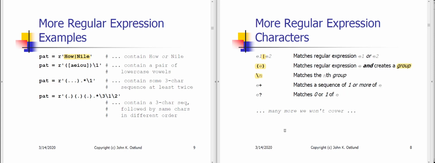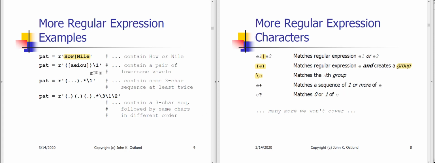If I use two sets of parentheses in my pattern, that creates two groups, and the leftmost one is group number \1, and the right one is \2. And it's possible to have many sets of parentheses, and they're simply ordered from left to right, \1, \2, \3, and so on.